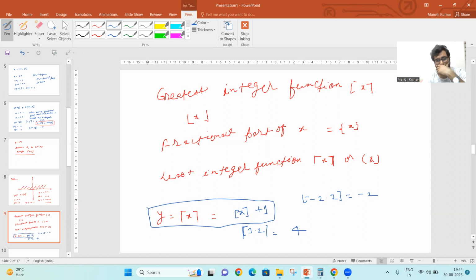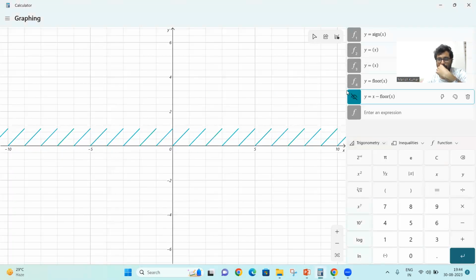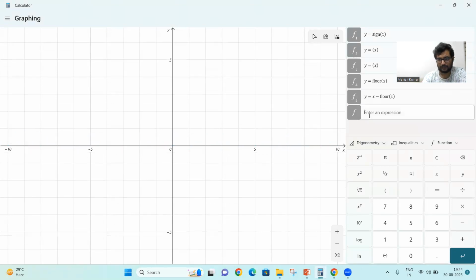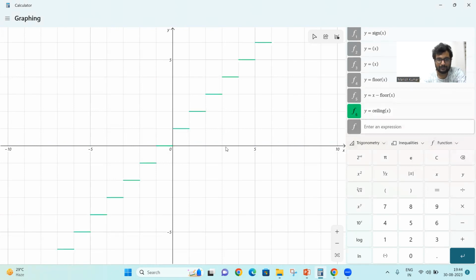I am again showing it here, writing y equal to this function. This is ceiling x, so it will look like this. Or I am also showing y equal to floor x.